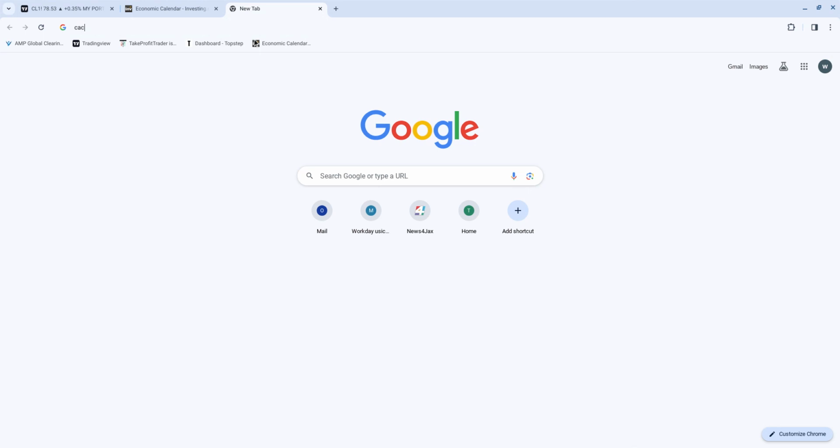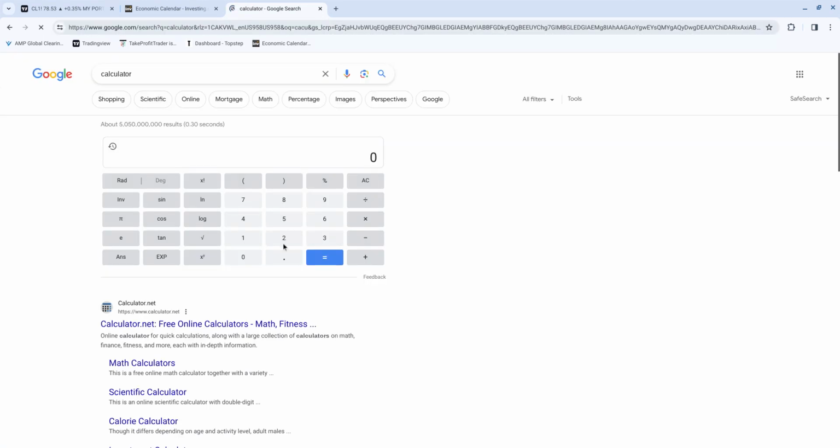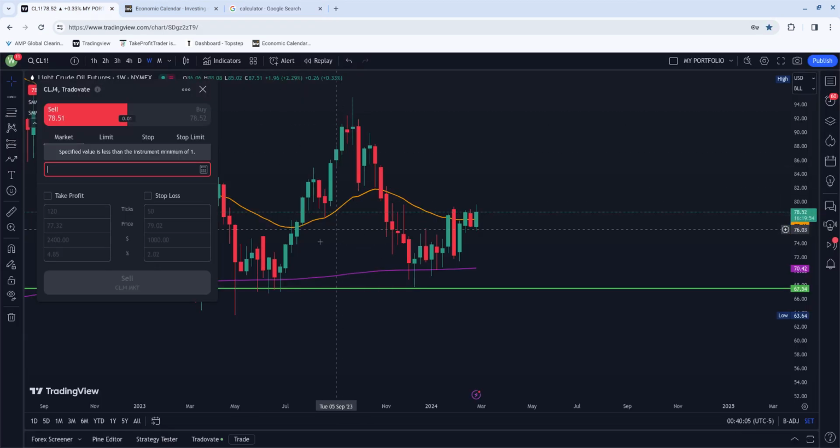I gotta pull up the calculator. Let everybody know this is how much it costs to buy crude oil. 165 times 10 equals, pretty much that's how much money we have to have in our accounts to buy crude oil. $1,650.